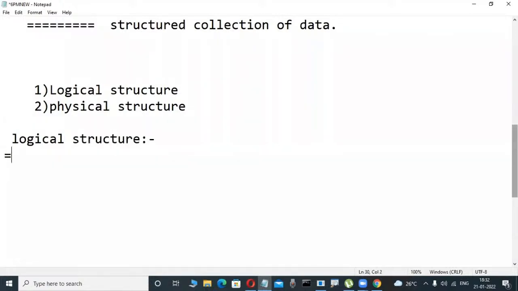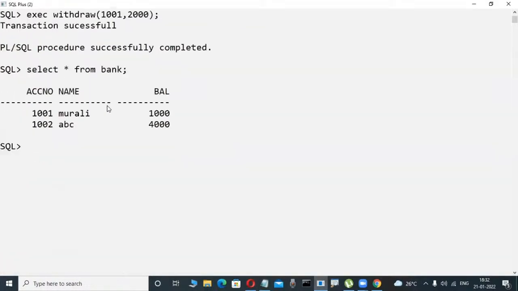Now observe here. Suppose today I am installing Oracle, for example. In this Oracle, I try to create a table. Maybe bank is a table, as in the previous case.